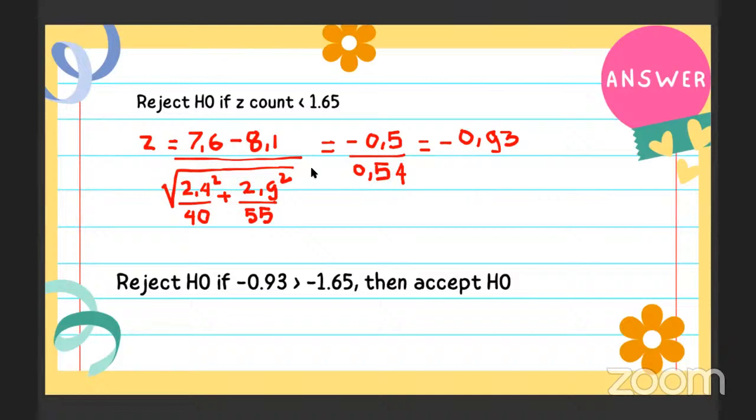So reject H0 if Z is less than minus 1.65. Since minus 0.93 is more than minus 1.65, we accept H0.